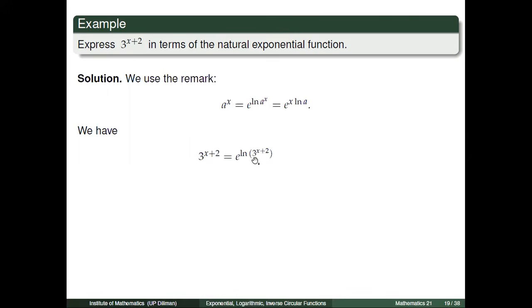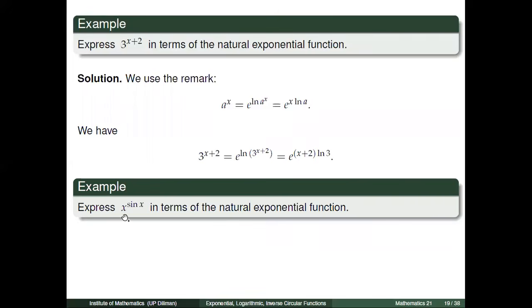And then using the law of logarithms, we may bring down the exponent and have e^((x+2) ln 3). Okay, so now we have rewritten this in terms of the base e. Again, this is just e raised to the exponent multiplied by the ln of the base.